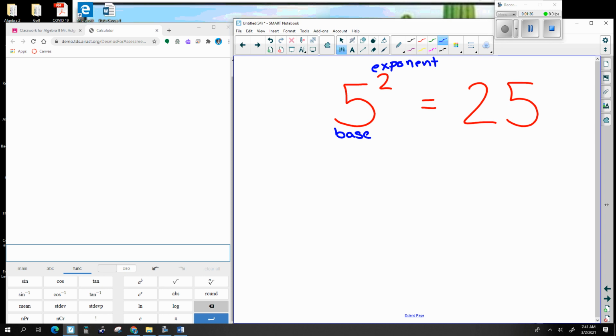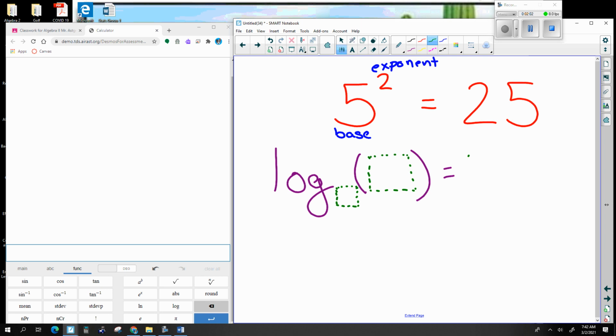Now, I want to really focus on the base, because if I were to write a log, there's numbers that go right here. There's a little teeny tiny subscript number, there's a number that goes inside the log itself, and then it has a solution as well.